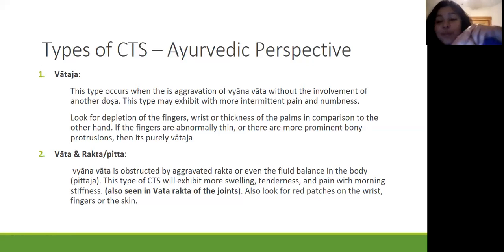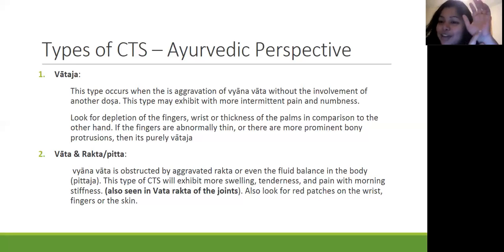Okay, so remember when I was telling you about the darkening of the knuckles? That happens when Vata is aggravated at the joints. Similarly, if Vata alone is aggravated here, have you guys ever seen people who have blue hands?